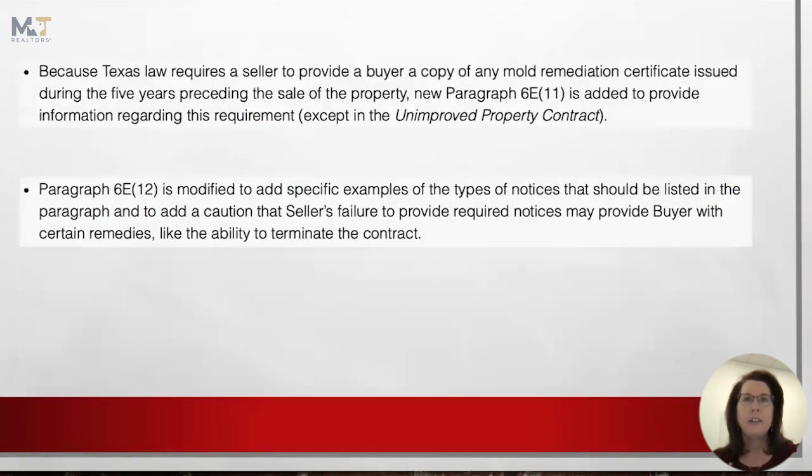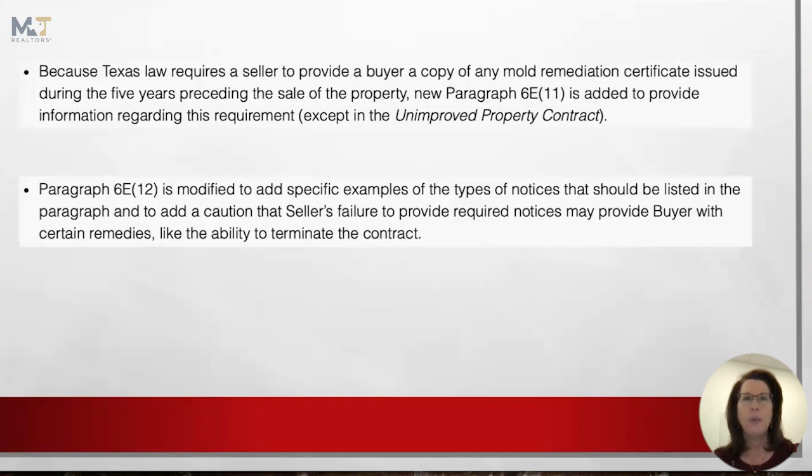Moving right along, there is another change required because of Texas law. It requires a seller to provide a buyer a copy of any mold remediation certificates issued during the 5 years preceding the sale of the property. So the new paragraph 6E11 is added to provide information regarding this requirement, except in the unimproved property contract.